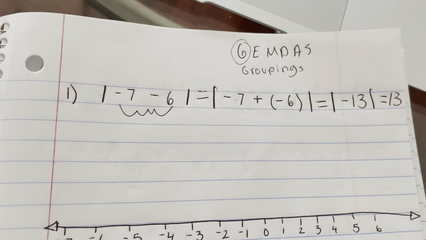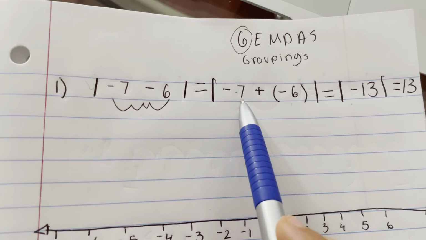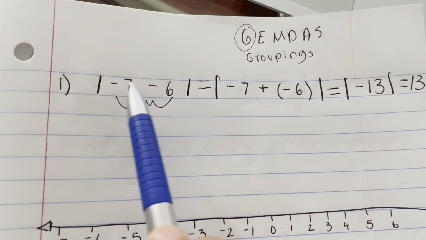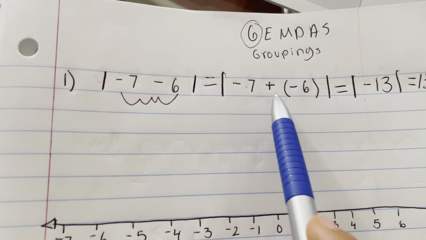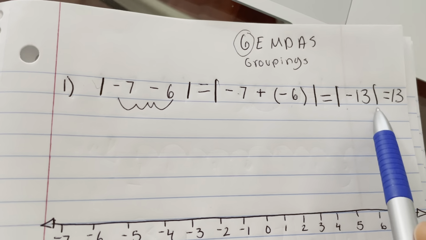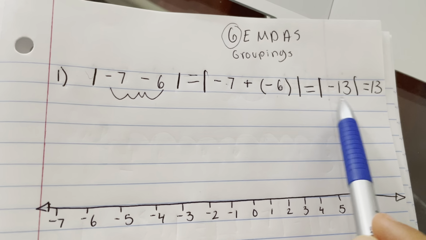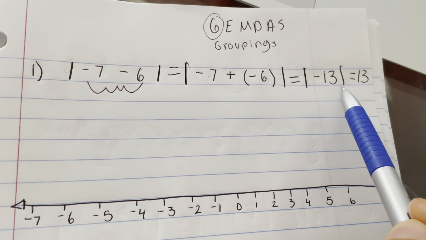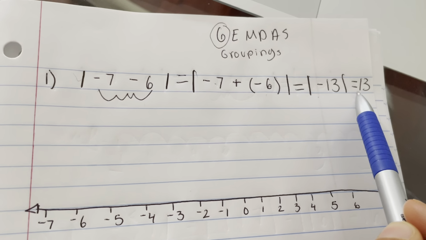And so the biggest thing that I want you to realize is that first, you subtract the two numbers. Second, when you rewrite this, subtraction is always adding a negative, not just addition. And then we take the absolute value at the end of your final answer. So then I'll take the absolute value of -13, which is 13.